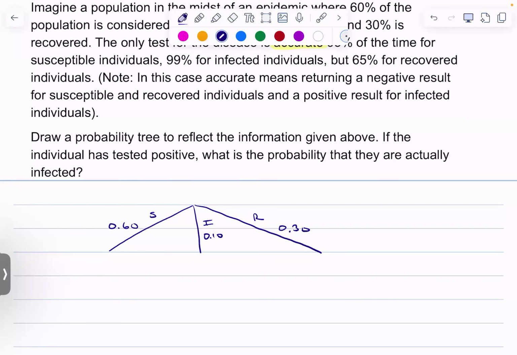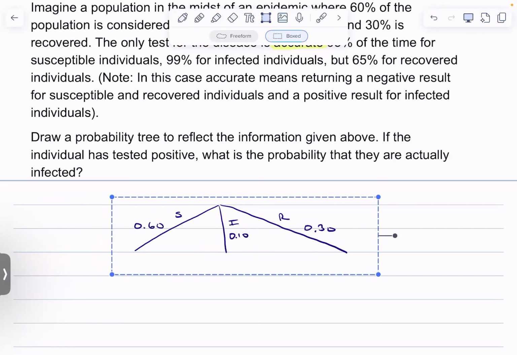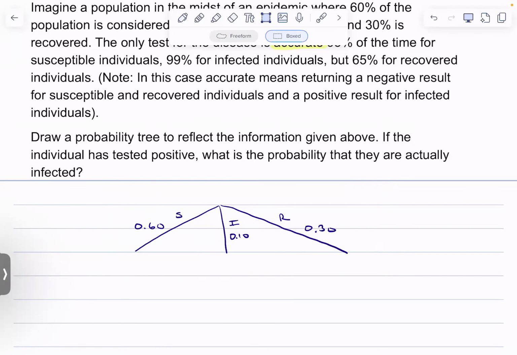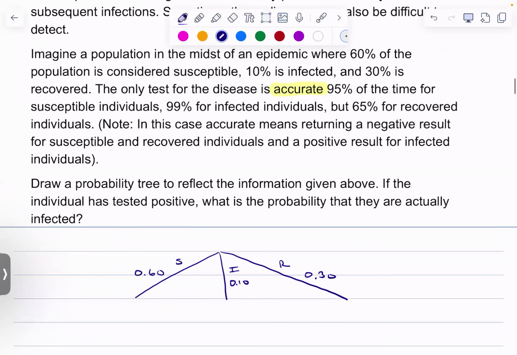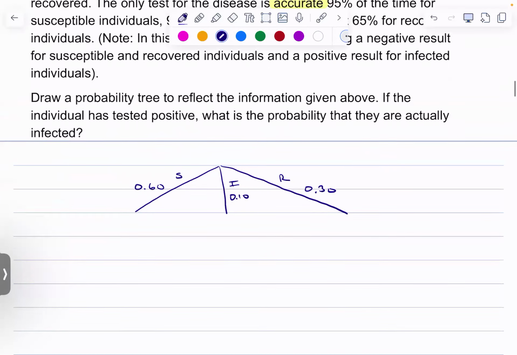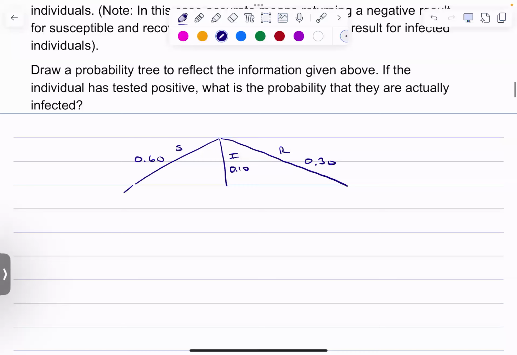So now, okay, let me just move this. It's kind of off center. Anyways. So if we have a test, the result is either positive or negative, right? And so now I only have 2 outcomes at the end of each of these branches, right? And that's okay. They don't have to have the same number of branches at each layer.